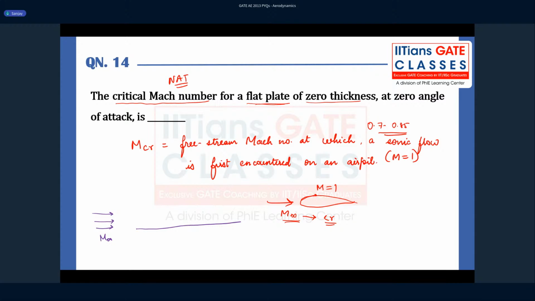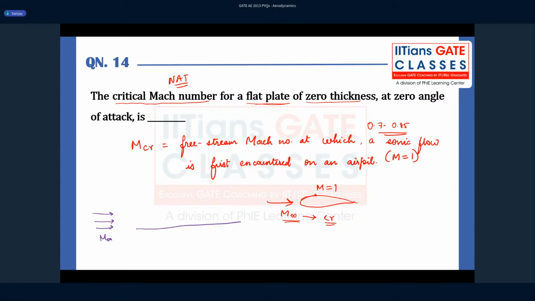Now, what is going to happen, guys? Can you expect any expansion over the flat plate? Will the flow expand? Is the Mach number further going to increase?